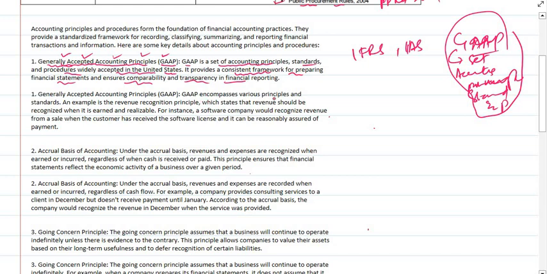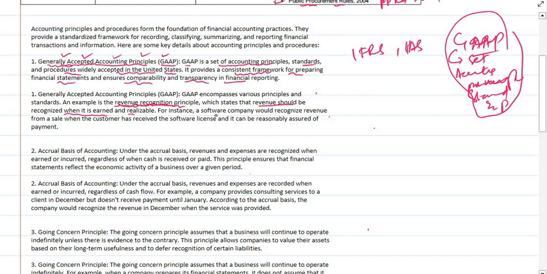Okay, GAAP encompasses various principles and standards. For example, the revenue recognition principle. If we talk about the revenue recognition principle, we state that revenue should be recognized when it's earned and realizable. It means that you have to recognize the revenue when it's earned and realizable, regardless of the actual cash payment or the amount you received.